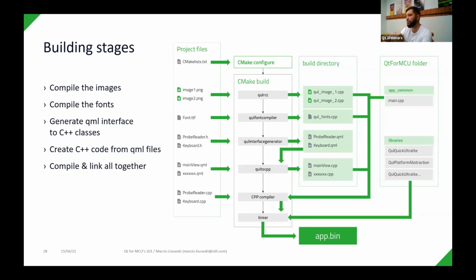And for sure, those will be at least QL Quick Ultralight and QL Platform Abstraction, and those two are the absolute minimum to run the Qt for MCUs application. But possibly you can use all other libraries, for example, controls, PNG decoding, and so on. And after the linking process, we have our binary ready.